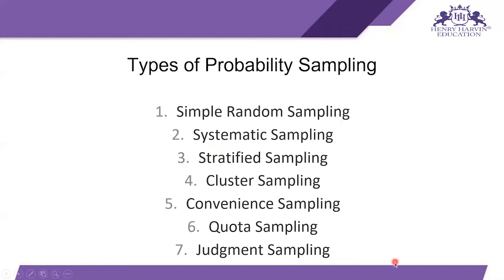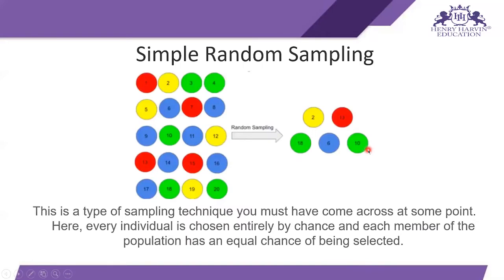There are abundant methods, but here we are going to talk about only some of them. If you want to know more, you can do R&D on these sampling techniques, and you will easily get to know about the other techniques too. So let's start with these.